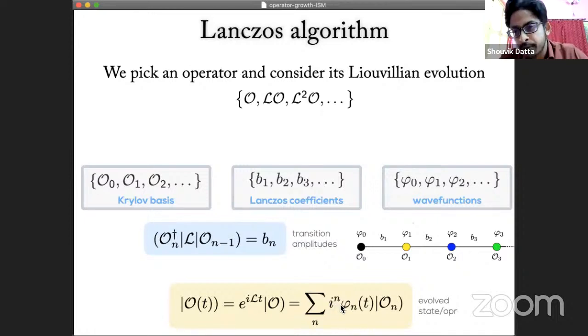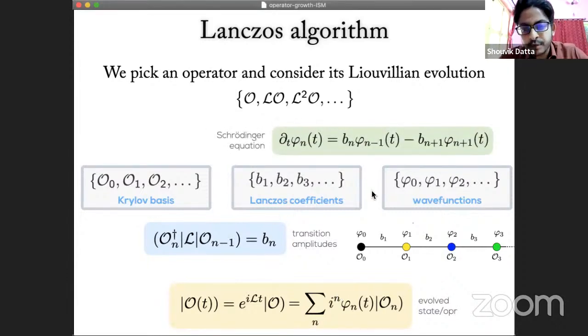You can re-express this as a linear combination of the Krylov vectors. The coefficients appearing in this linear combination are called wave functions, by some abuse of terminology. These encode the probabilities that you reach the nth operator at time t, by taking the mod square of these wave functions.